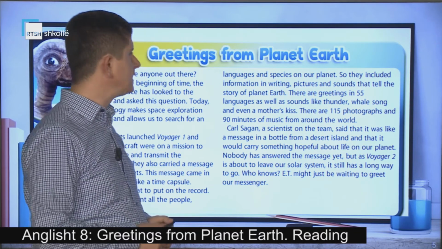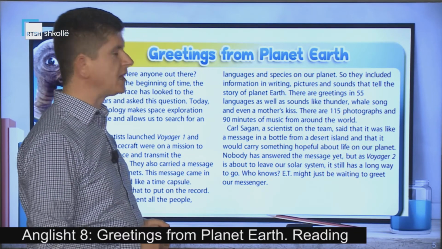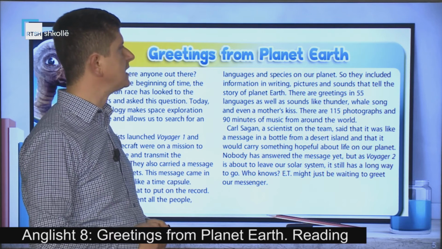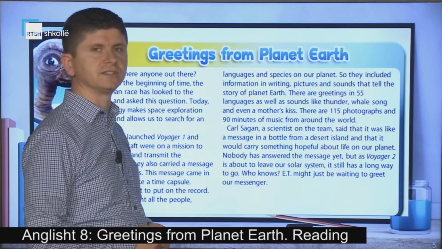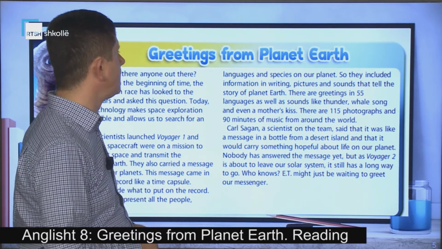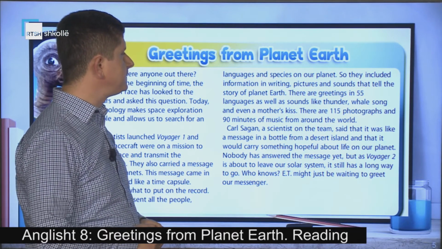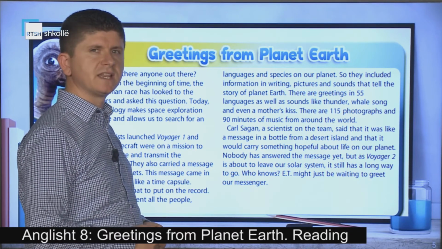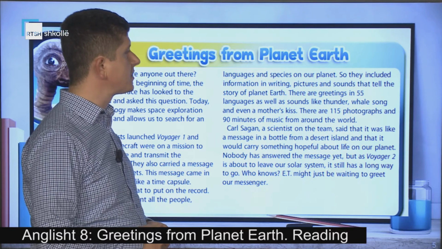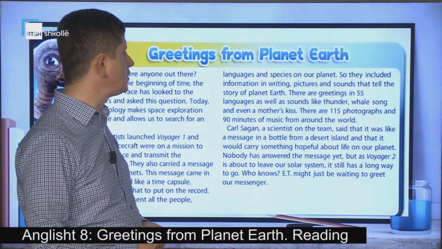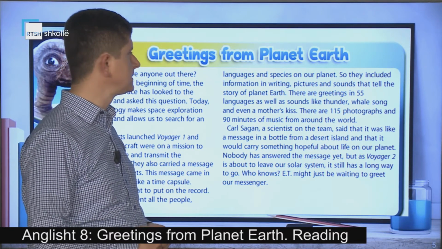So they included information in writing, pictures, and sounds that tell the story of planet Earth. There are greetings in 55 languages, as well as sounds like thunder, whale song, and even a mother's kiss.